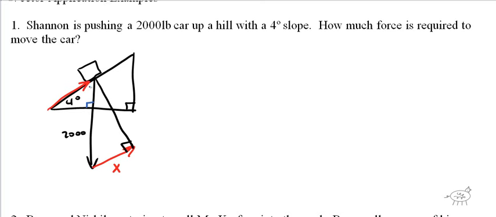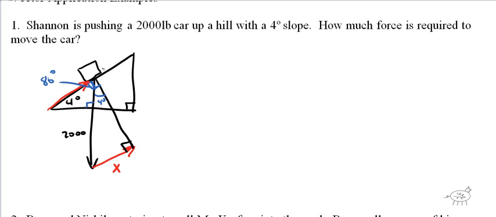If that's 4 degrees, do you agree that this little angle right here is 86 degrees, 90 minus 4? And that means this angle back here is also 4 degrees. That's kind of what I'm looking for.